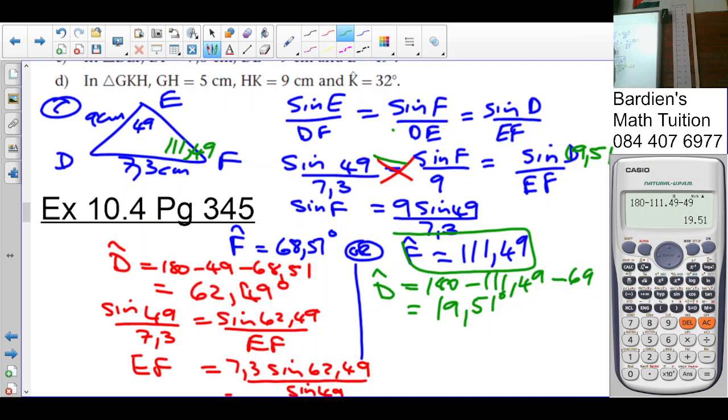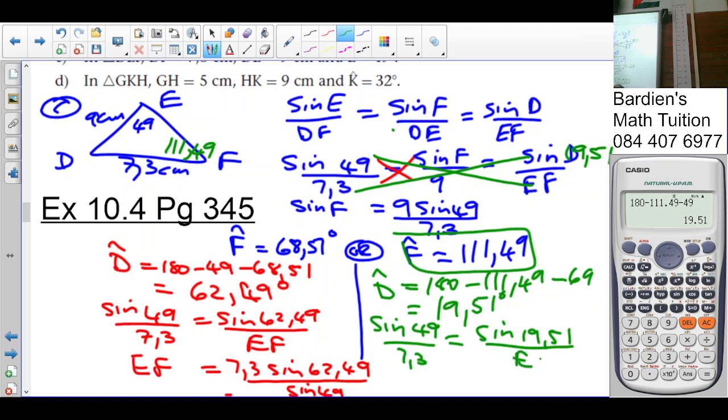Now, she needs to know what's going on here. Alright, so let's go. It's going to be sine of 49 over 7.3 is equal to sine of 19,51 over EF. And I can calculate EF.